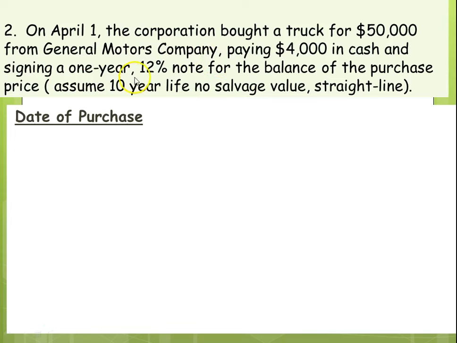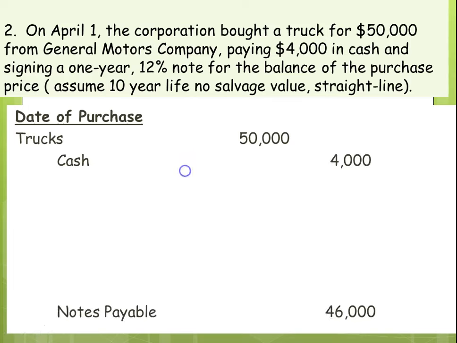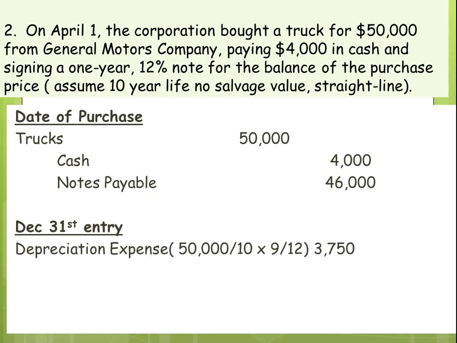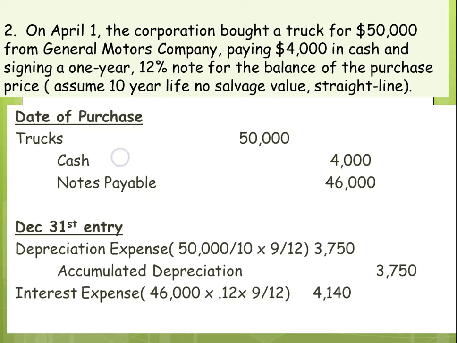We're going to assume 10 years, no salvage value, straight line. So at the date of purchase, this interest is going to be accruing over time, and we have a notes payable of $46,000. Now, what's going to happen at the end of the year is we're going to have to book our depreciation and book our interest payable.